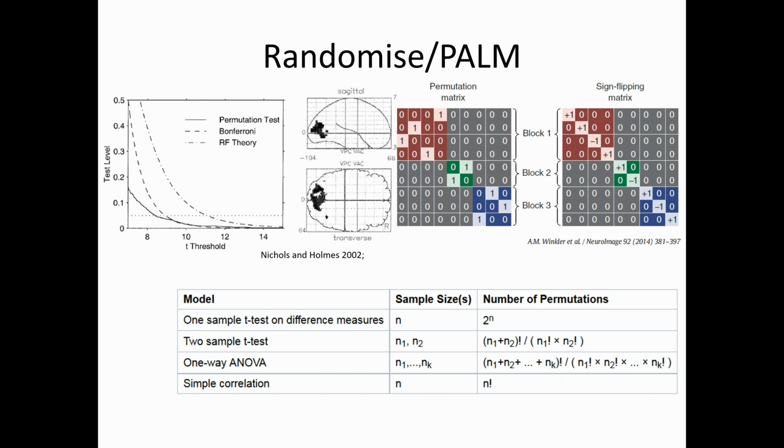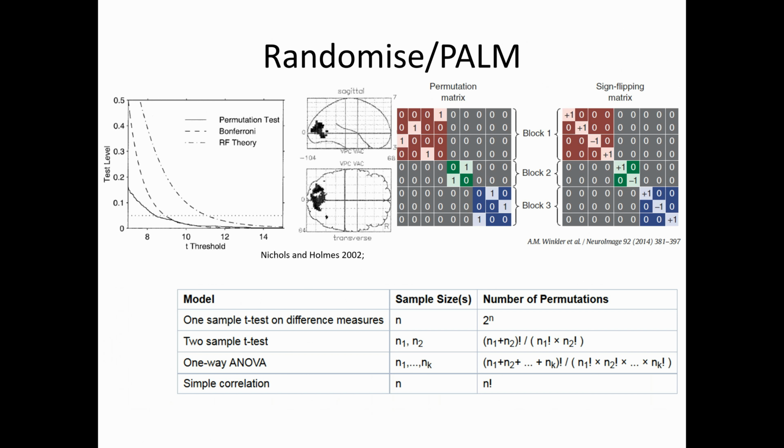PALM is sort of a more in-depth form of testing permutations, and it can actually be used on non-imaging data in sort of looking at dense permutations. And there's a nice paper where they even do permutations on the HCP data with different forms of monozygotic, dizygotic, twin family sets. And you can do nested permutations.